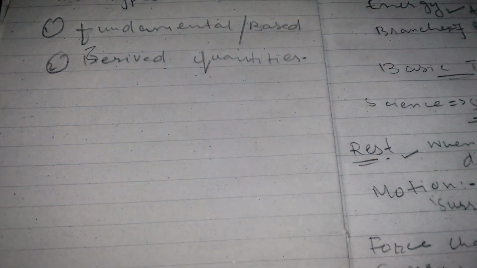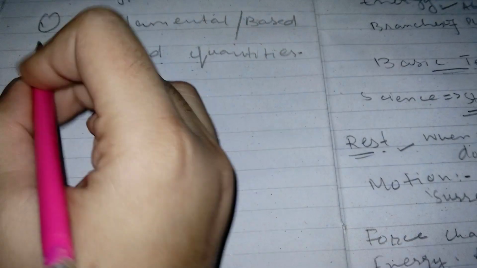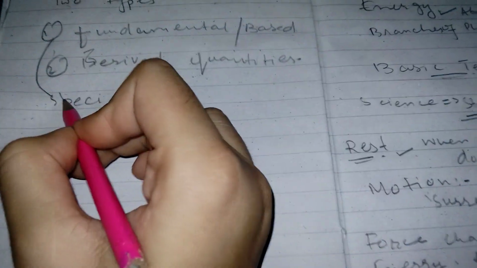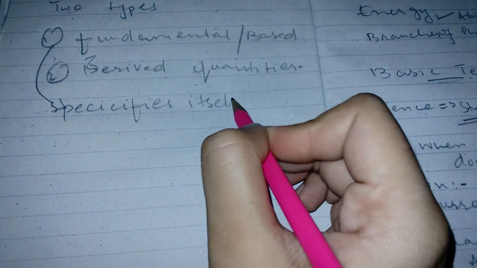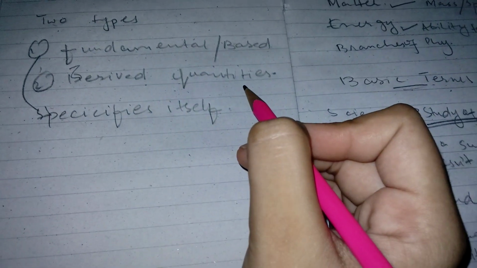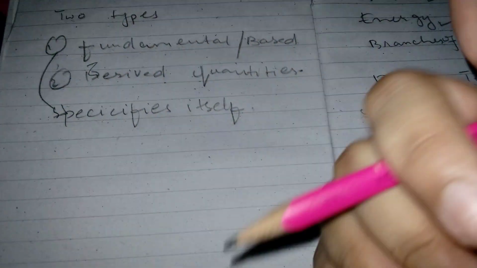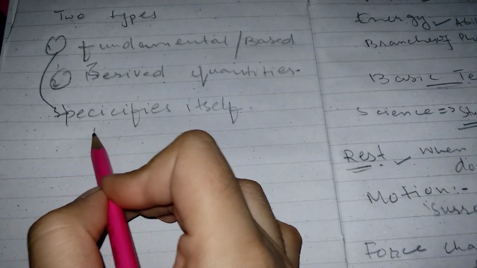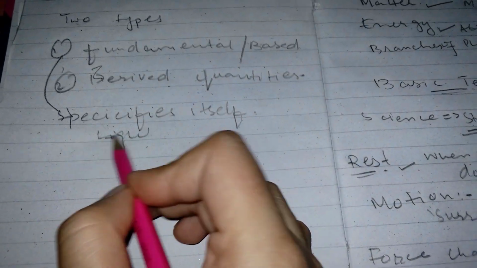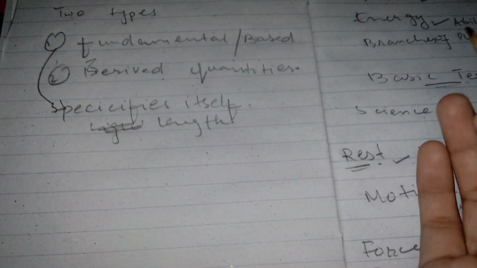The fundamental quantities are those quantities that completely specify themselves. For example, time, length. We do not have any other word for time or length. These are not derived quantities; they cannot be derived from any other unit.